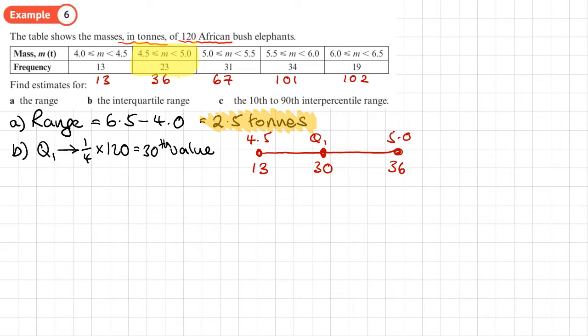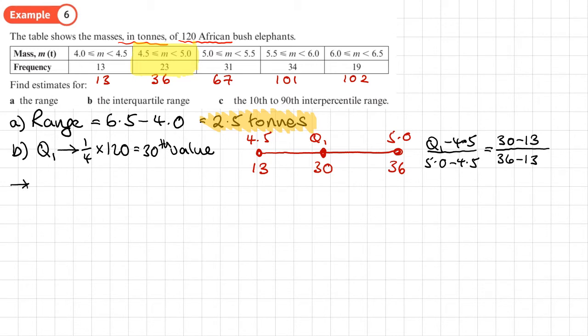So I can turn that into an equation to solve. Q1 minus 4.5 over 5.0 minus 4.5 equals 30 minus 13 over 36 minus 13.